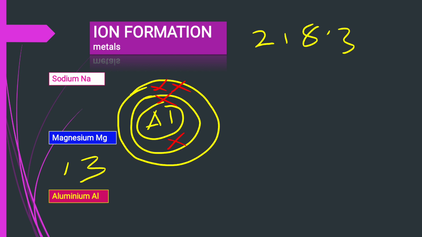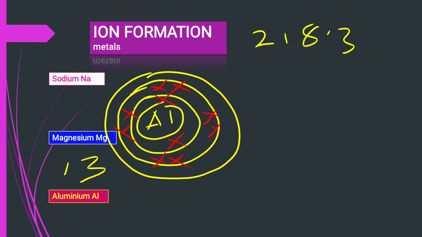First 2, 3, 4, 5, 6, 7, and 8. And then we will have the last energy level, that is the third energy level, like this, with just 3 electrons.